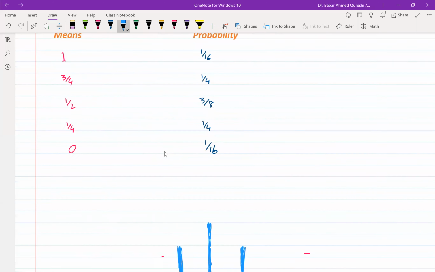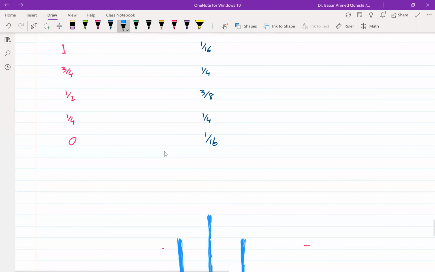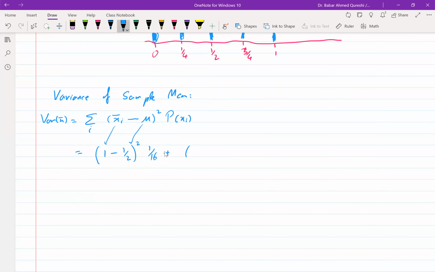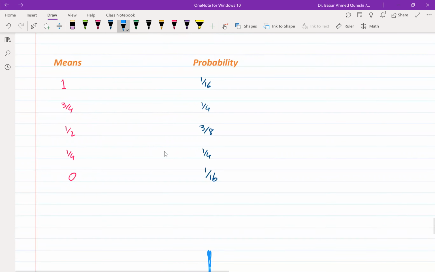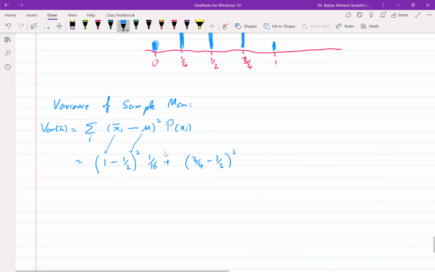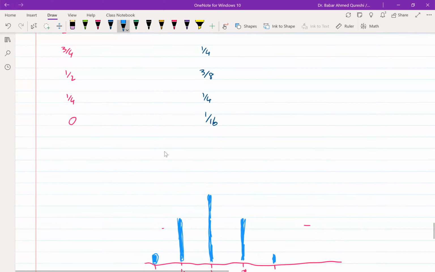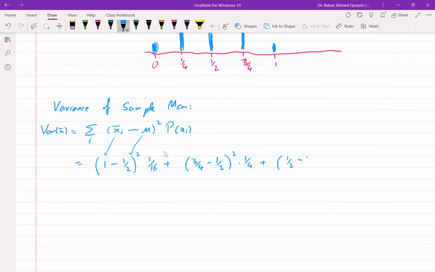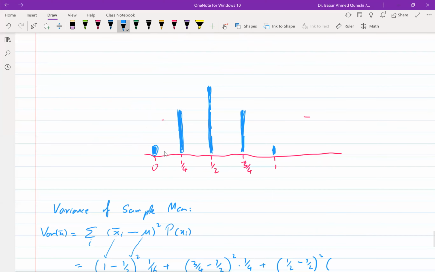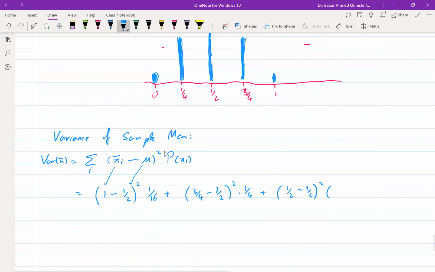You add to it the next value, which is 3 by 4. 3 by 4 minus half square, and look up what is the probability. It's 1 by 4. The next is half. Half minus half, this is not going to even contribute, but let's just write its probability is 3 by 8.